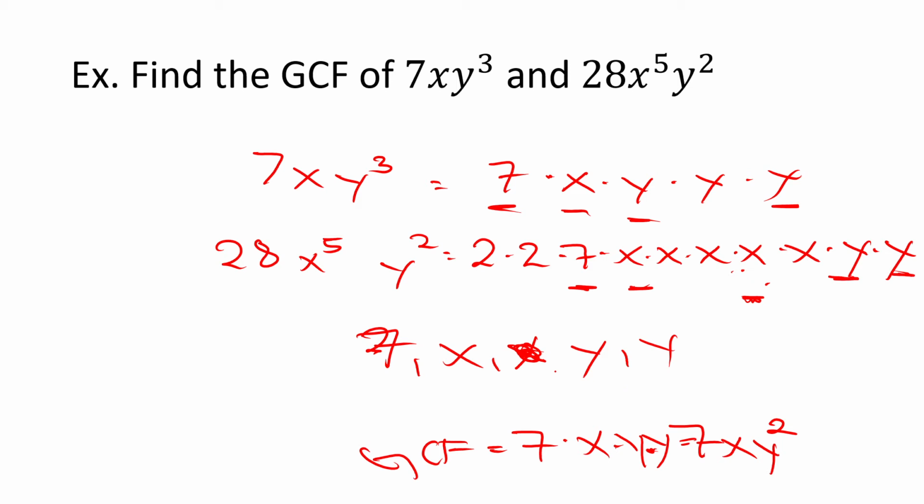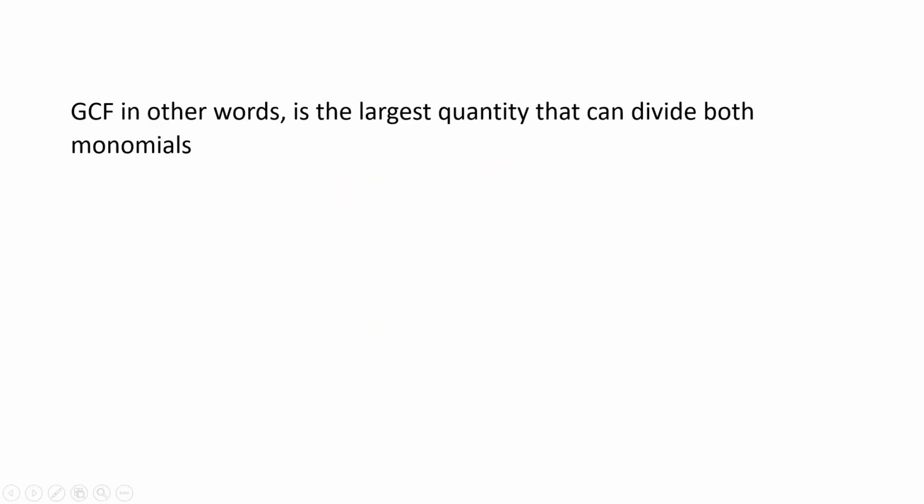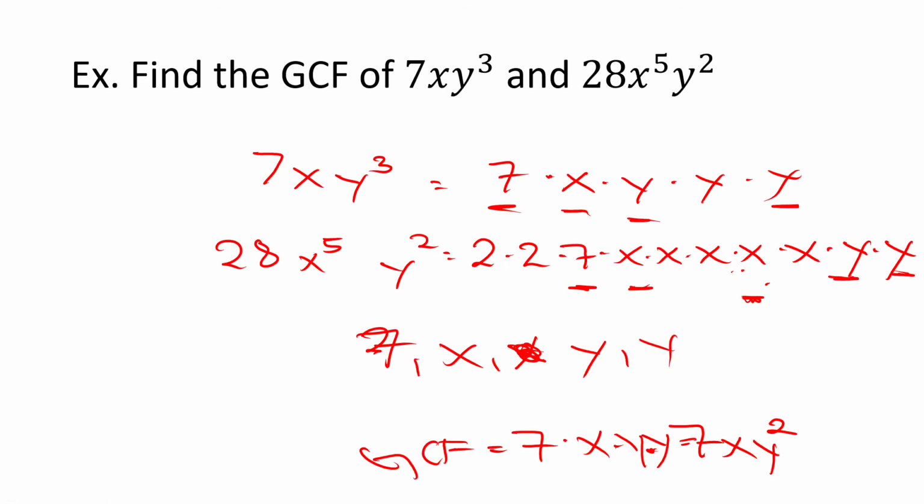And as you can see, it can divide both 7xy to the third and 28x to the fifth y squared. Why, you might ask? Well, if you look closely at our exponents, if it is one higher, y to the third, do you believe that you can divide y to the second with y to the third?